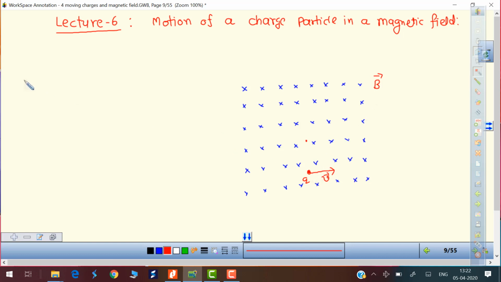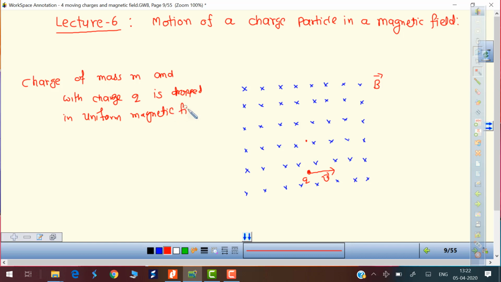And a charge of mass m and with charge q is dropped in a uniform magnetic field with velocity v as shown in the figure. Okay.